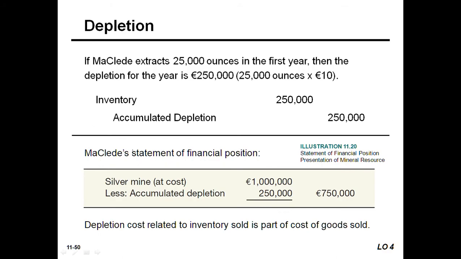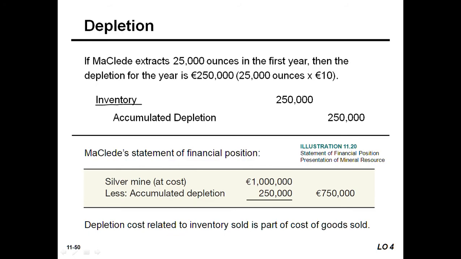And the entry that you will pass is, normally in a mining company, they do not call their asset a property, plant, or something like that. Instead, they calculate the number of ounces available and consider it as the value of inventory. So each time they take out, it goes into the value of their inventory.